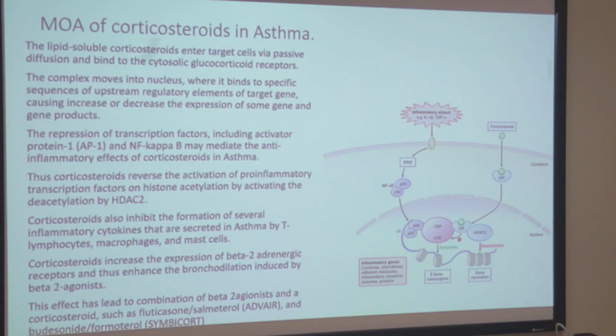Phospholipase A2 releases arachidonic acid from the phospholipids, which you all studied in biochem. I'm sure you may have studied it in pharmacology as well. So what are the arachidonic acid related metabolites here in asthma and COPD?